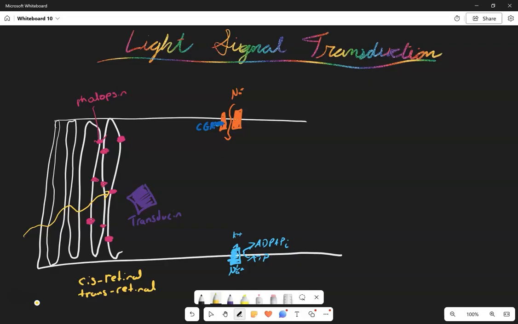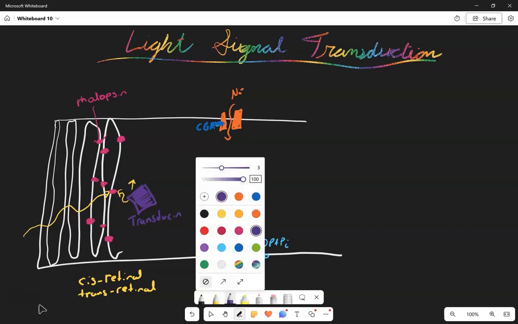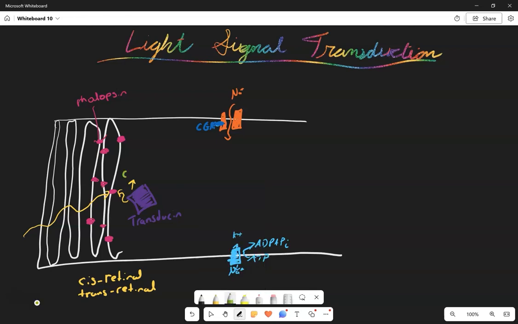When that changes conformation, this molecule of transducin can now interact with that rhodopsin. And when transducin interacts with that rhodopsin, it produces and activates something known as cyclic GMP phosphodiesterase.